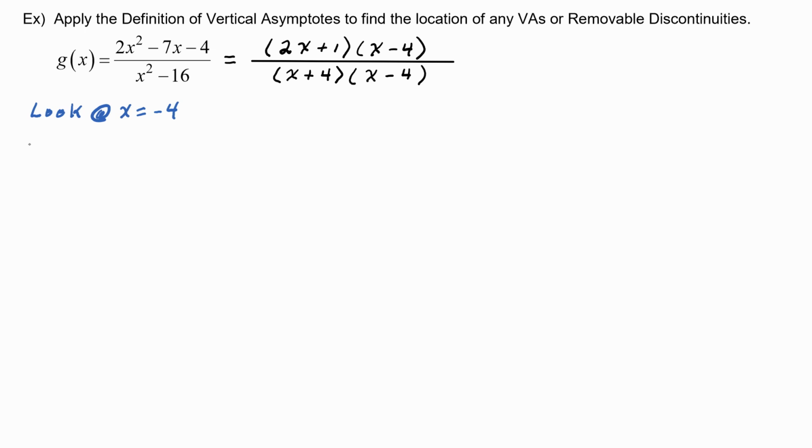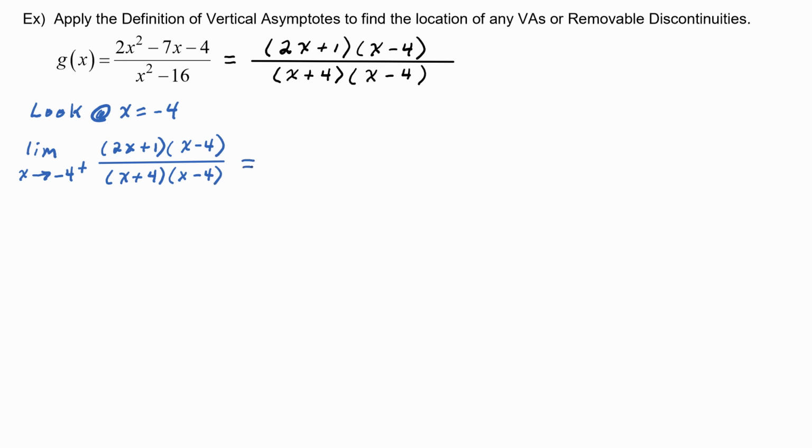So maybe we will do the limit as x approaches -4 from the right, and we have 2x plus 1 times x minus 4 in the numerator over x plus 4, x minus 4 in the denominator.